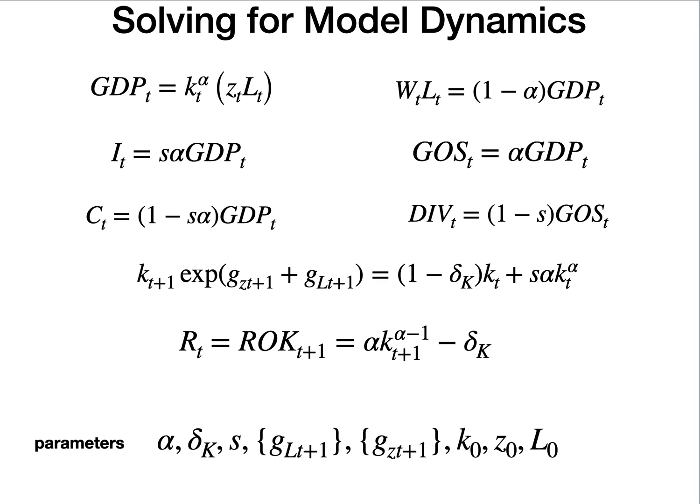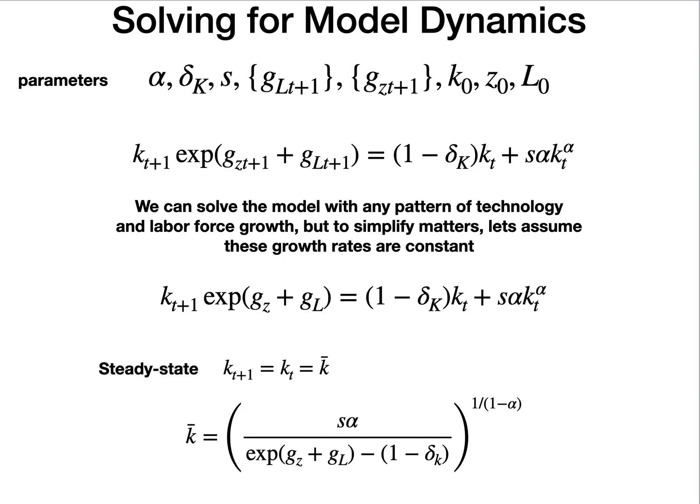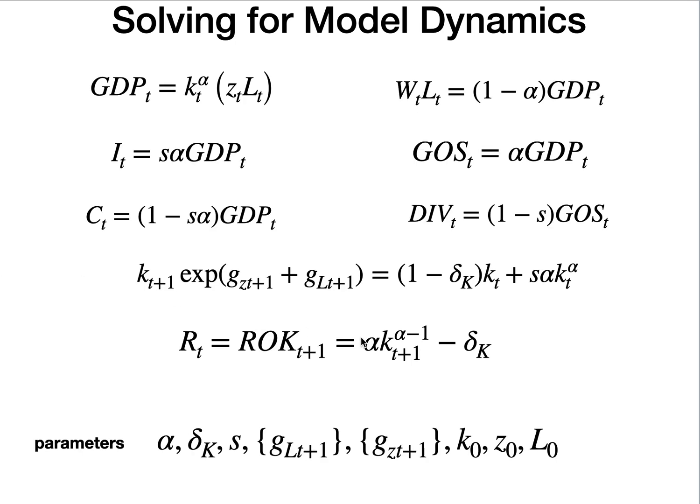Okay, and our equation for the return on capital was originally written this way. You notice that we solved for it. We can just plug right in here. The return on capital is just the ratio of capital to effective labor raised to this power.